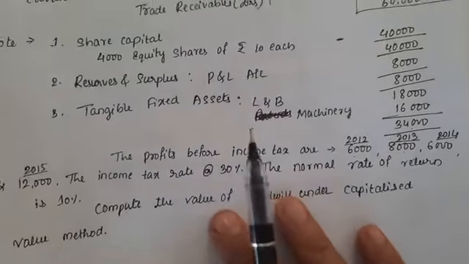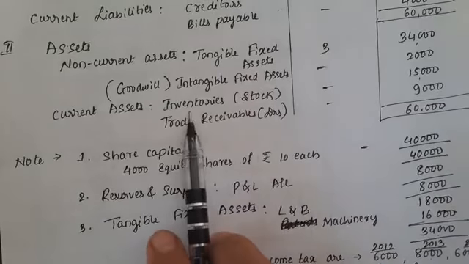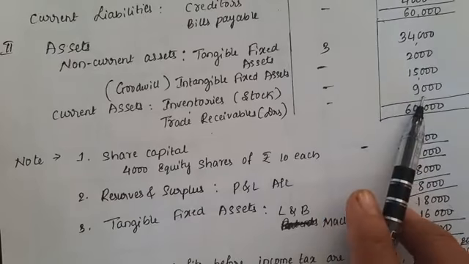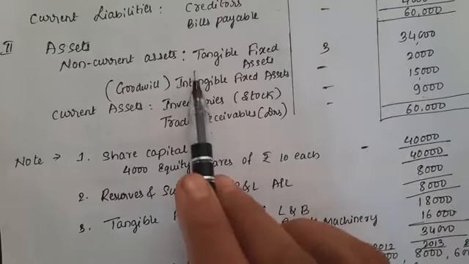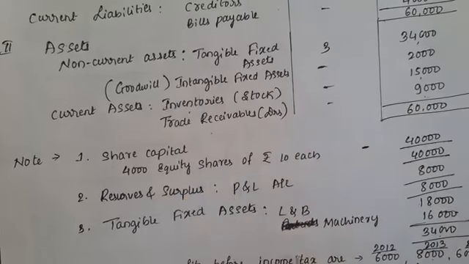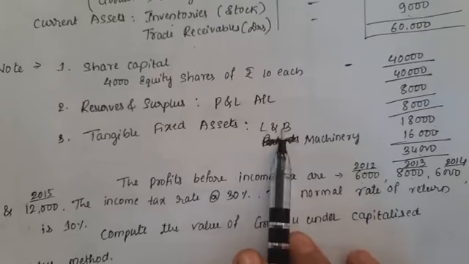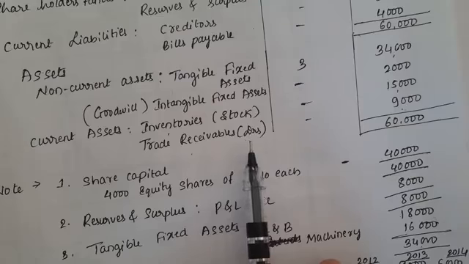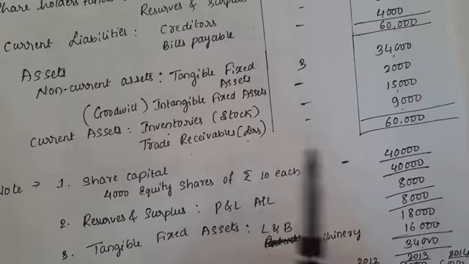In addition, the assets are inventory 15,000 and trade receivables 9,000. The goodwill is not to be considered because it is an intangible asset. Only consider land and building, machinery, stock and debtors.